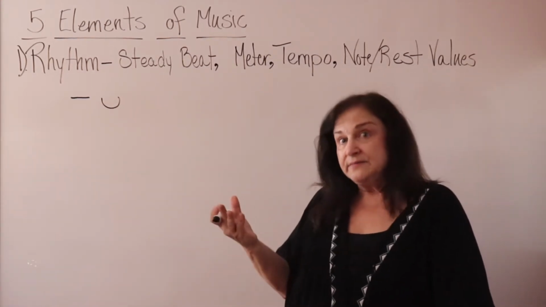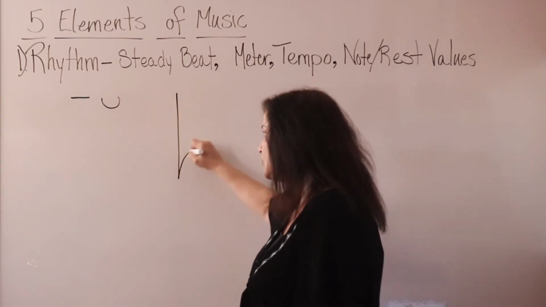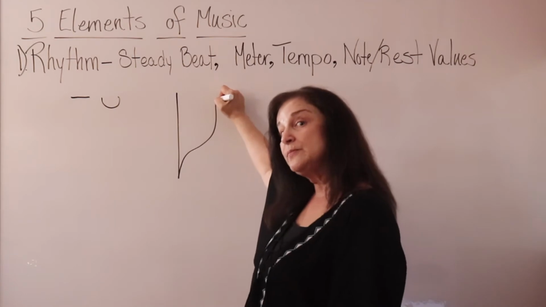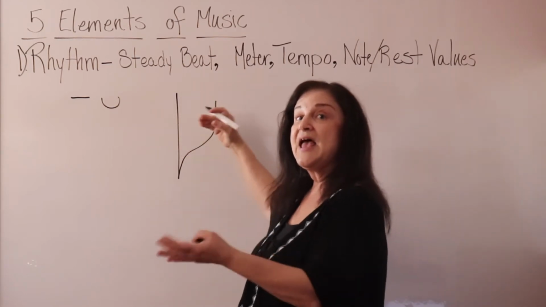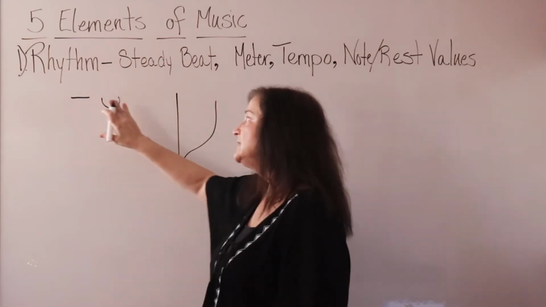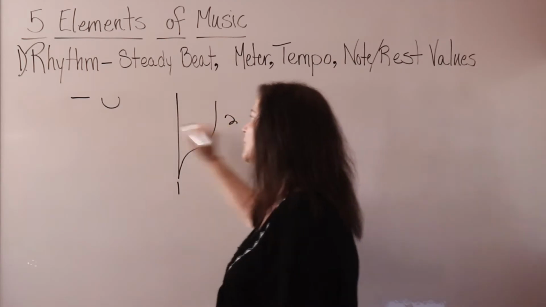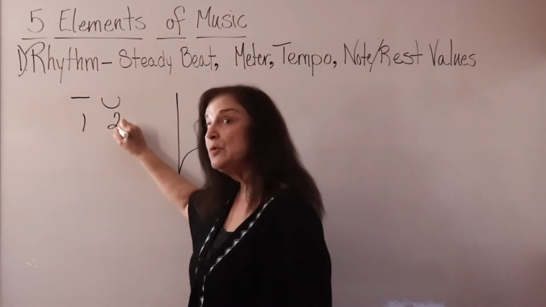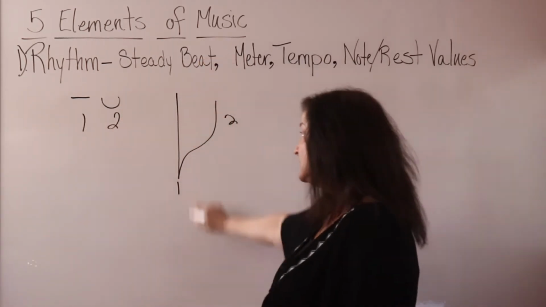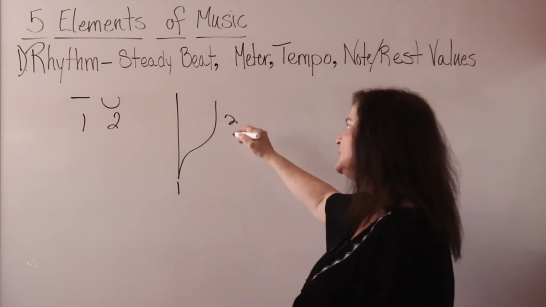We conduct it with heavy being the downward motion, and then the upward motion being the up or the second half of the beat, which is what we were talking about before with accented, unaccented. So if this is 1 and this is 2, here's 1 and 2, there's our duple meter. If we go down and up, 1, 2, 1, 2.